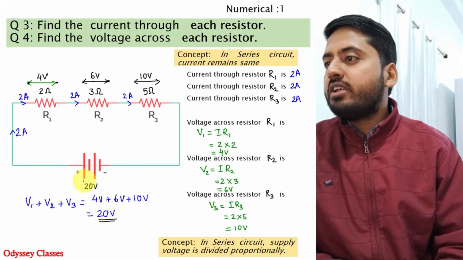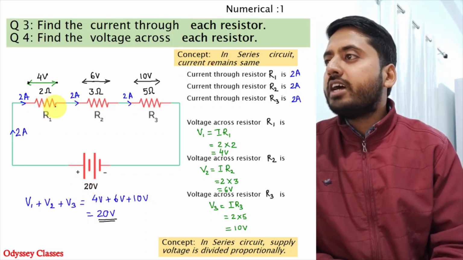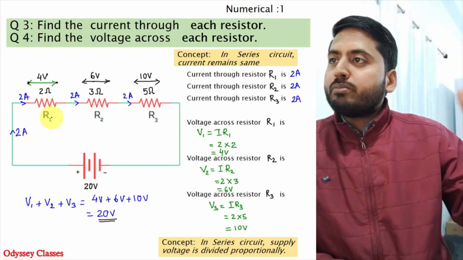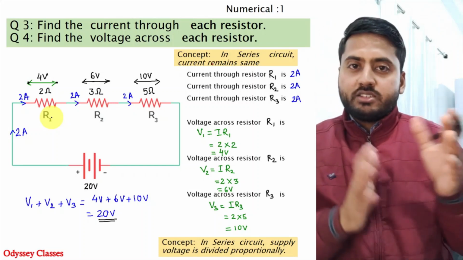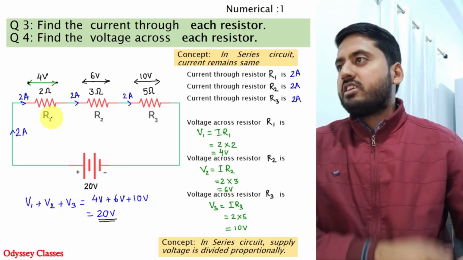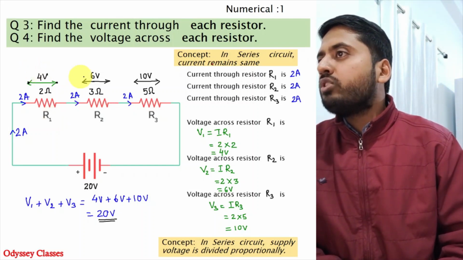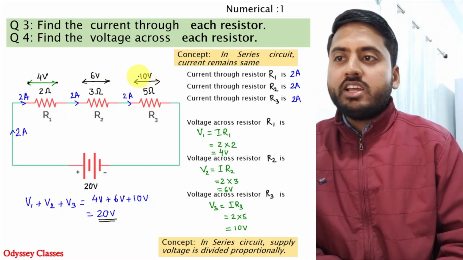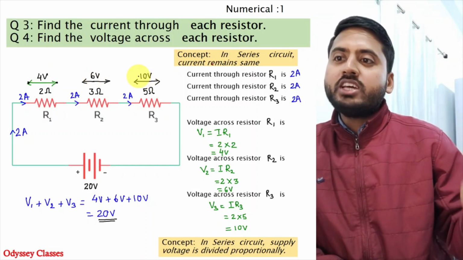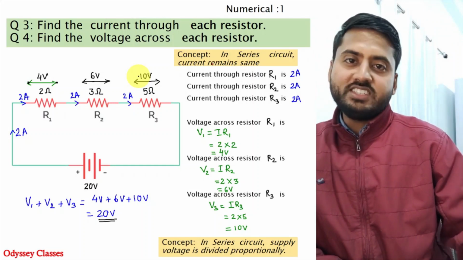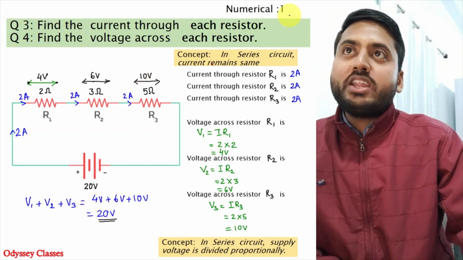Here this 20 volt got shared by 3 resistors in a proportion according to the value of their resistance. You can see 4, 6, 10. They are not equal, but they are in proportion to their value of resistance. So this is all about numerical 1.